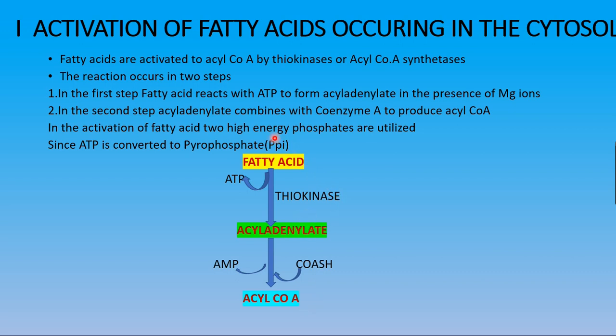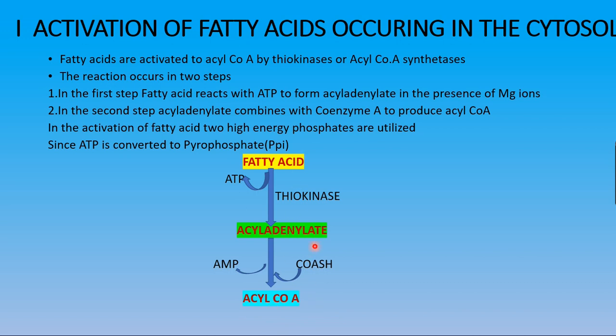In the first step, the fatty acid reacts with ATP to form acyl adenylate in the presence of magnesium ions, and the enzyme involved here is thiokinase. In the second step, the acyl adenylate combines with coenzyme A to produce acyl-CoA.